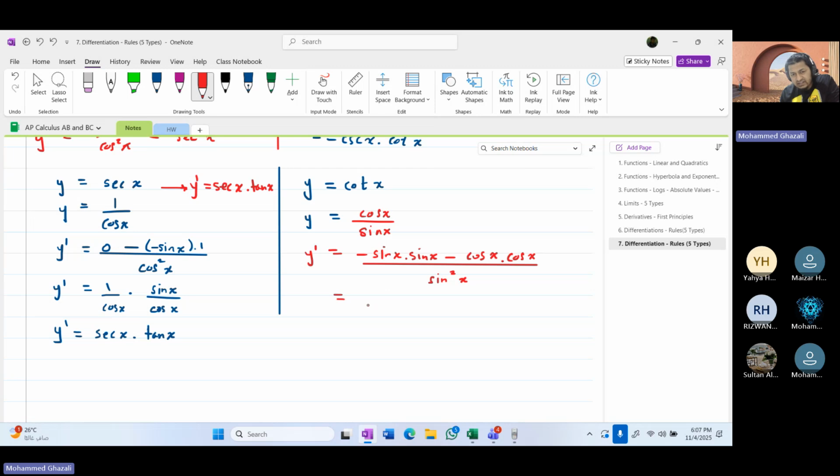Now you can take out a negative and you'll have sine squared x plus cos squared x over sine squared x. So you got negative 1 over sine squared x, and negative 1 over sine squared x is negative cosec squared.